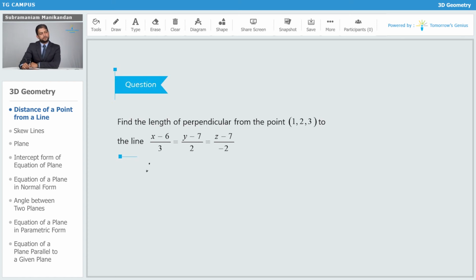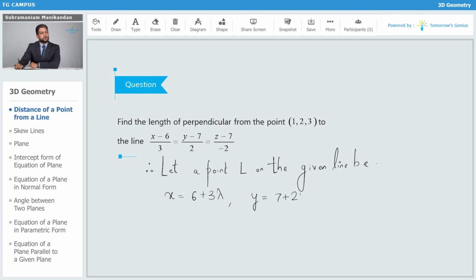Therefore, let a point L on the given line be x equals 6 plus 3 lambda, y equals 7 plus 2 lambda, z equals 7 minus 2 lambda.